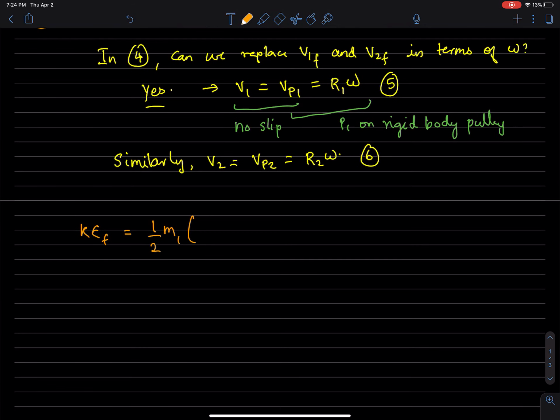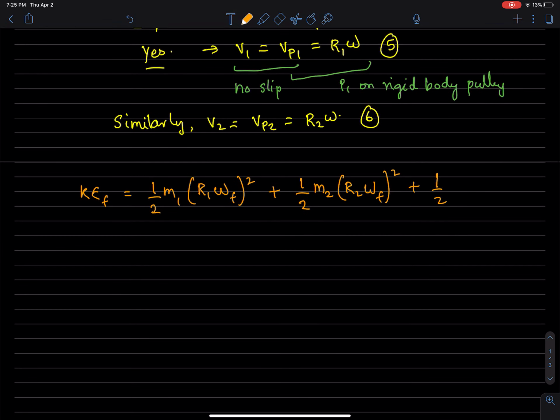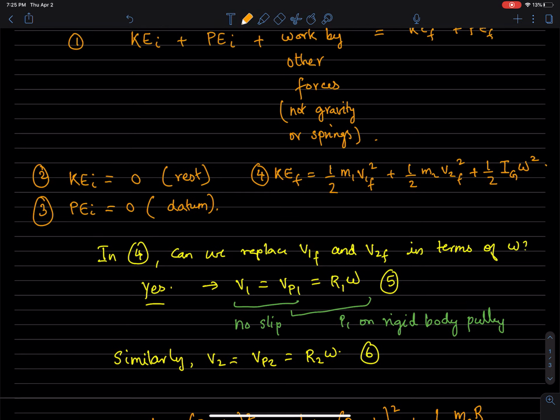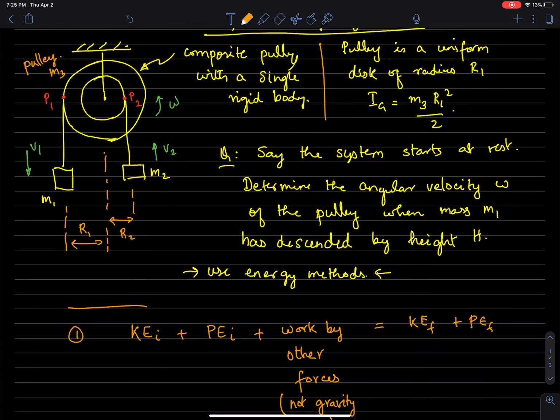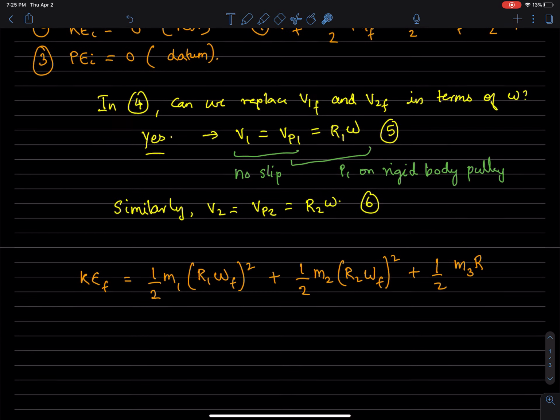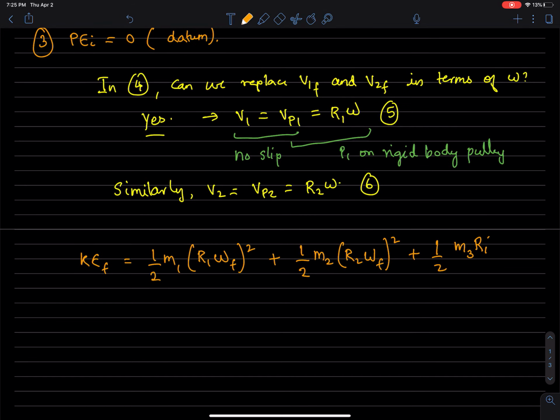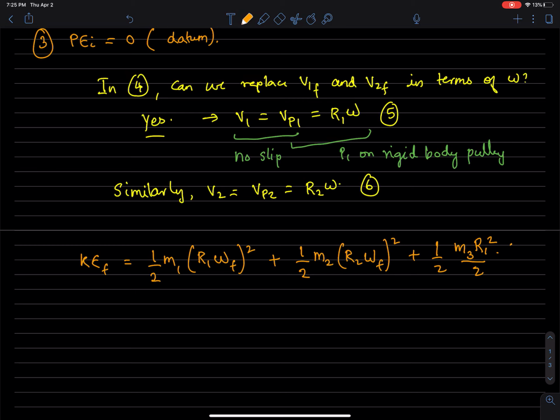V1 final is R1 omega final, so we get half M1 R1 omega final squared plus half M2 R2 omega final squared plus half Ig omega squared, and Ig is M3 R1 squared by 2, times omega final squared.